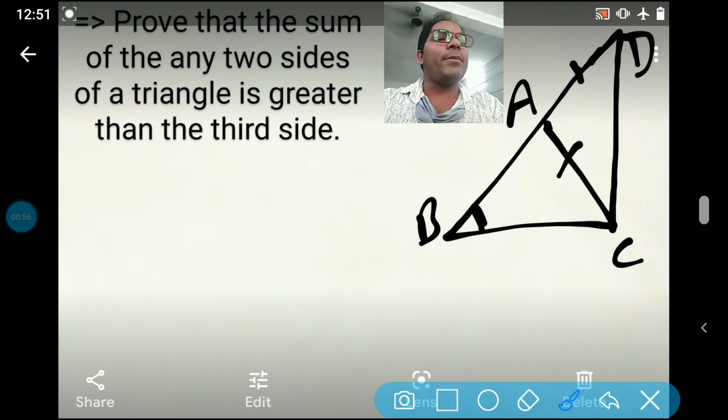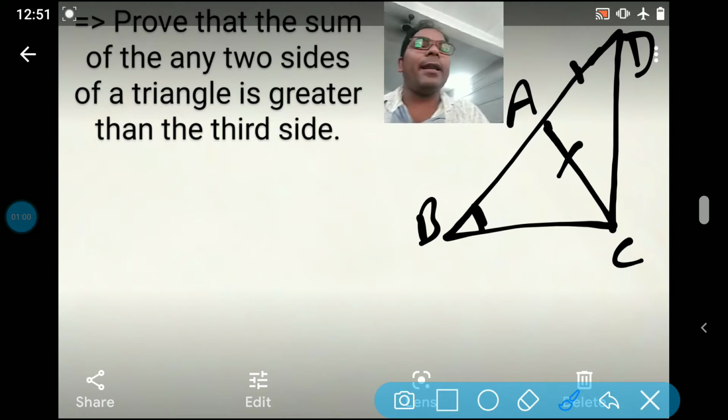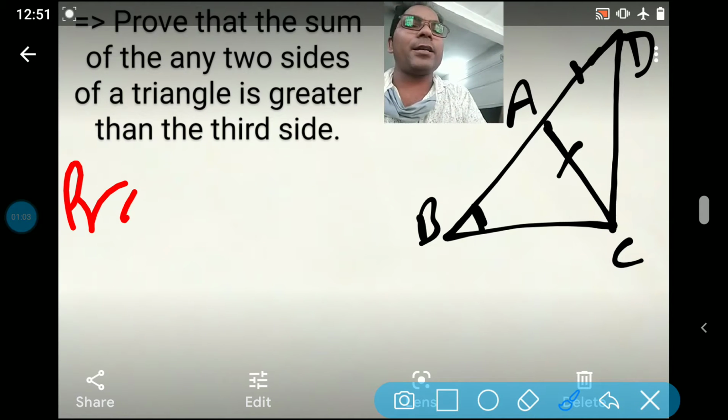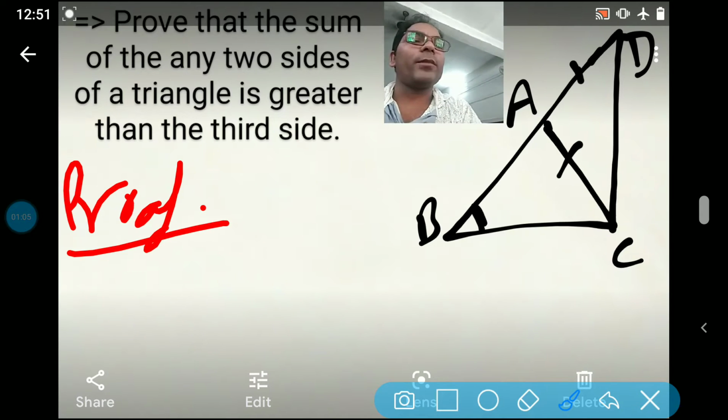So here, students, ABC is a triangle. Here you can see the triangle ABC, and we will start the proof.